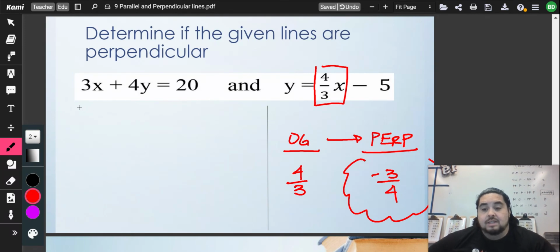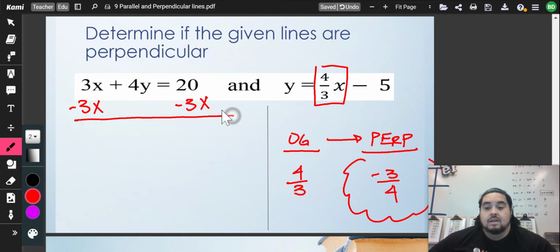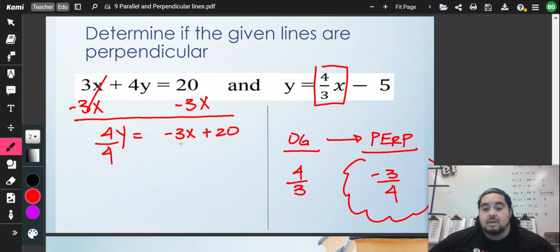Okay, so I'm going to subtract 3x from both sides. These cancel out. 4y comes down. Negative 3x plus 20. Now I divide every term by 4.